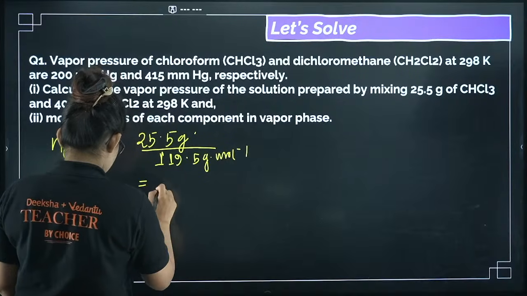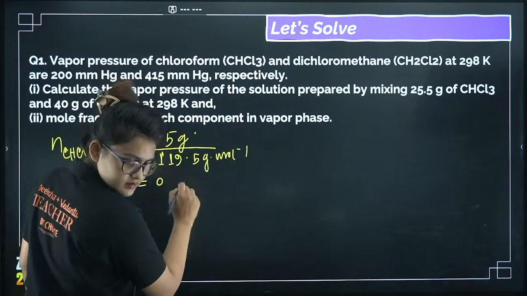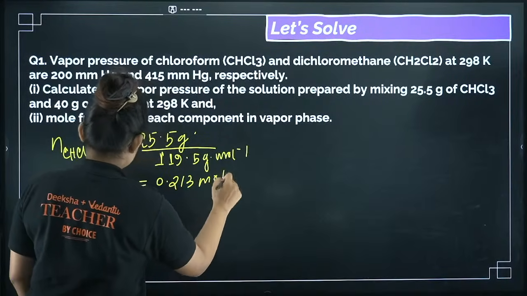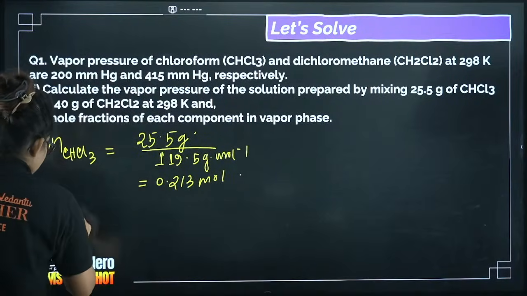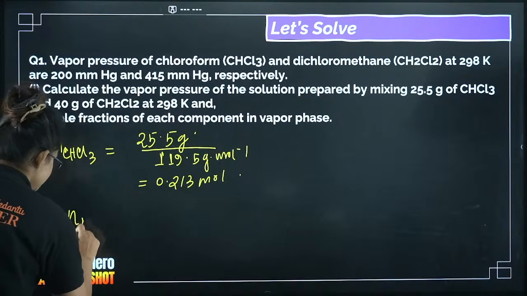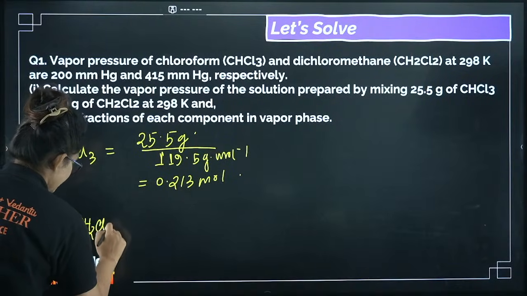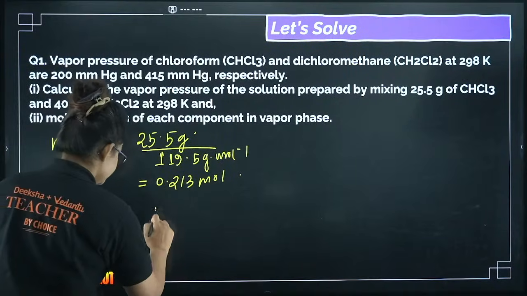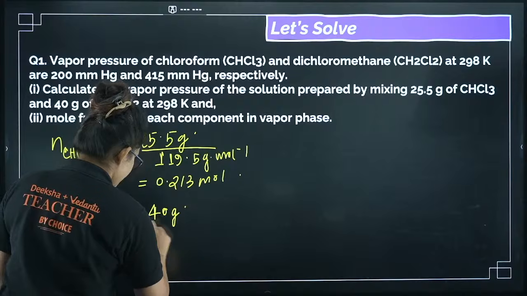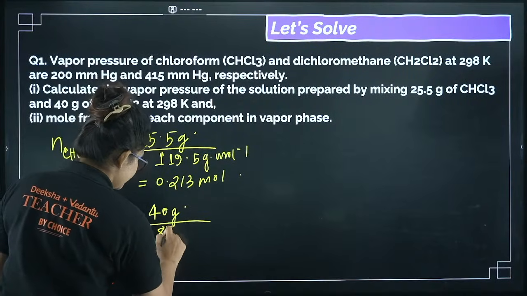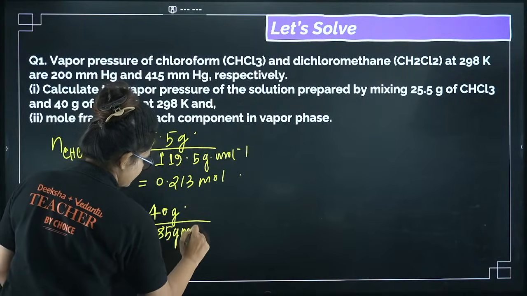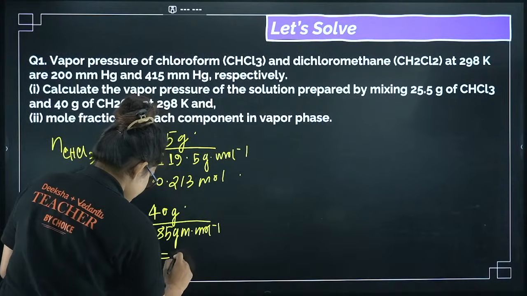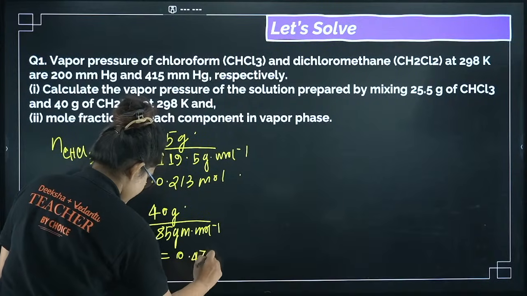If you calculate it, it will give you 0.213 mole. Next, number of moles of CH2Cl2, dichloromethane. What is the amount given? 40 gram. Dichloromethane is 85 gram molecular weight. If you calculate this, it should be 0.471 mole.